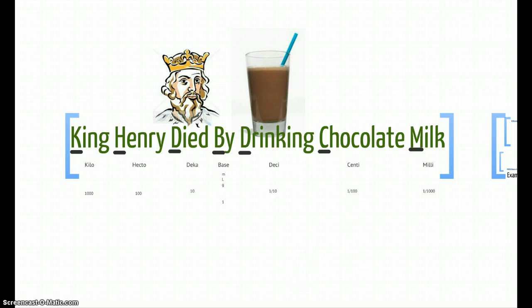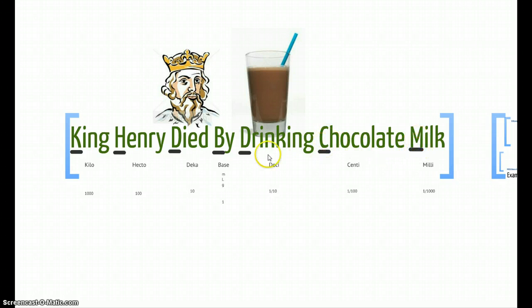When I'm converting, I'm going to use the sentence, King Henry died by drinking chocolate milk. And the most important part of that sentence is the first letter of each of the words. So I need the K from king, the H from Henry, the D from died, the B from by, the D from drinking, the C from chocolate, and the M from milk.